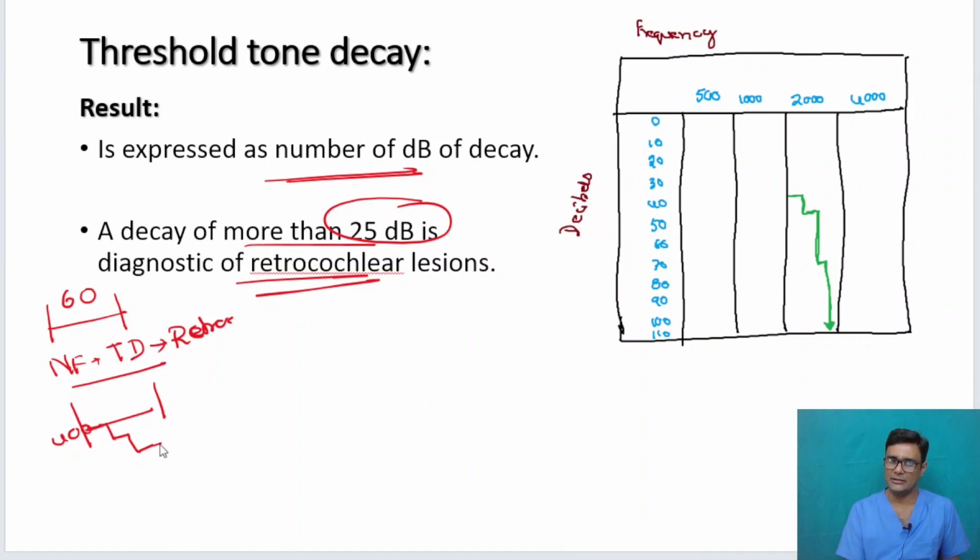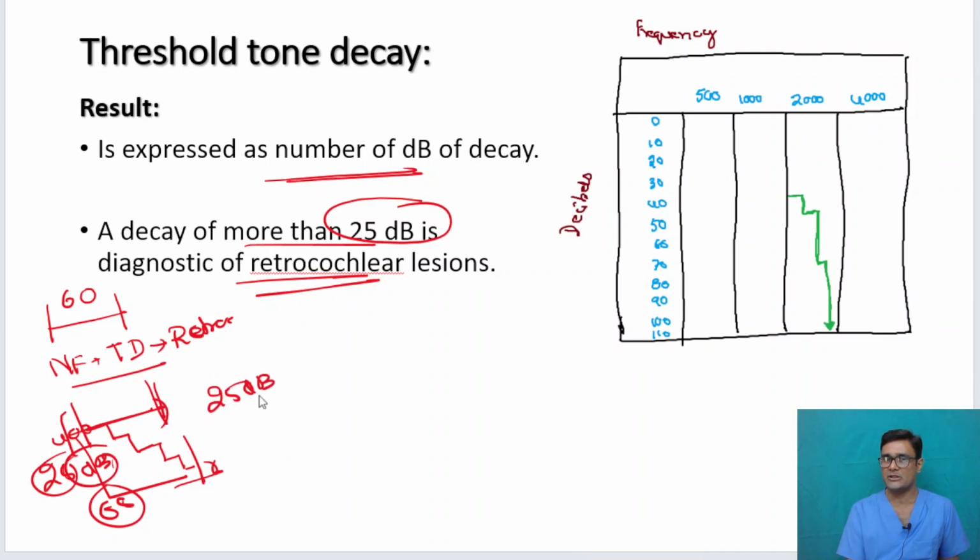You keep doing it till he can hear for a complete 60 seconds. If you have to increase it from 40 to 65, that is 25 decibels you had to increase the original sound for him to hear for a complete 60 seconds, then we say he has 25 decibels of decay.